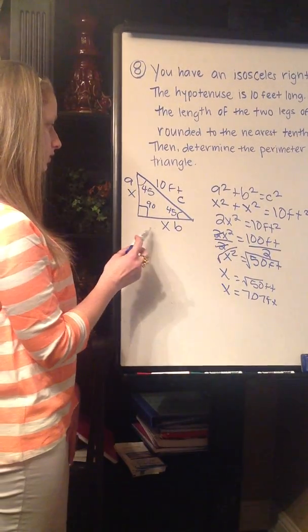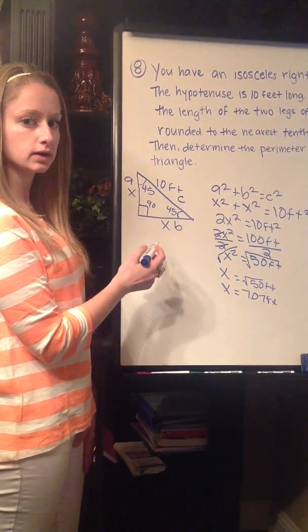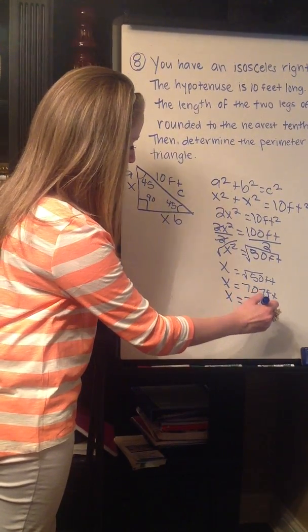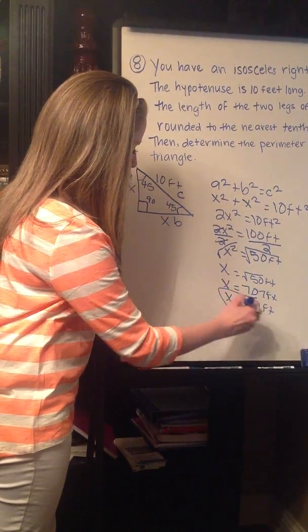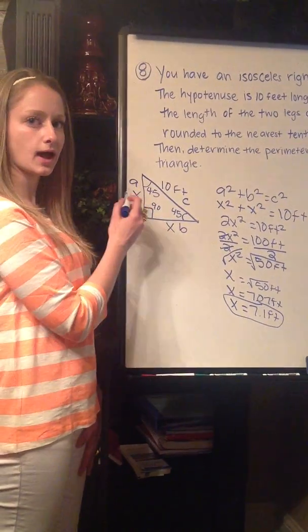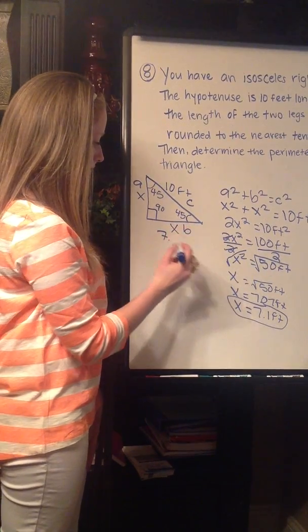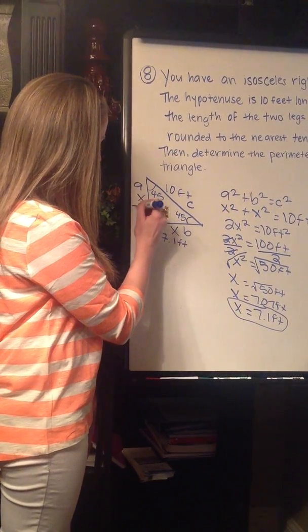So that is our answer for x. So the length of both sides is 7.1 feet. So that means that both x, a and b on this diagram, equal 7.1 feet.